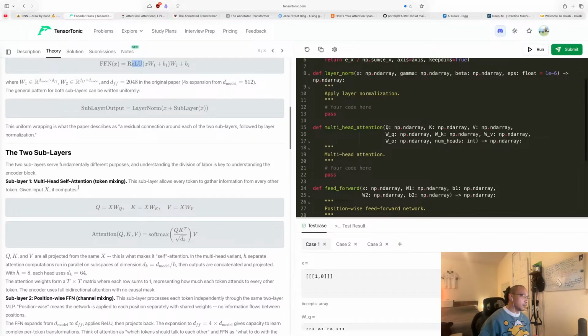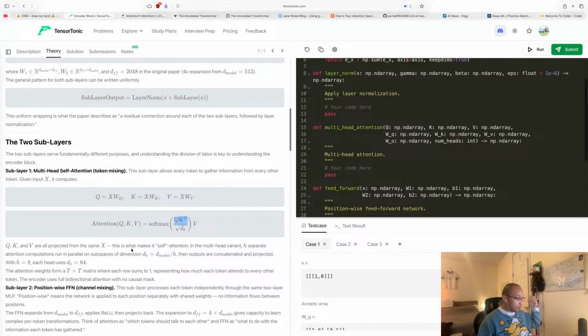And then the attention matrix is given by the softmax of the similarity scores scaled by the square root of the key dimension, and then multiplied by the value matrix. Query, key, and value are projected from the same x. This is what makes it self-attention.